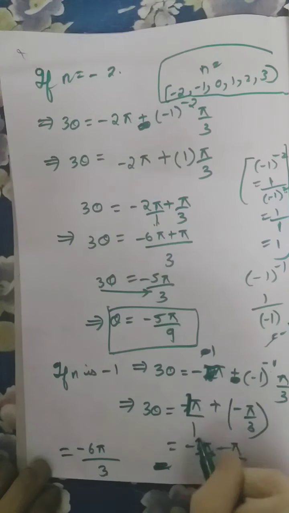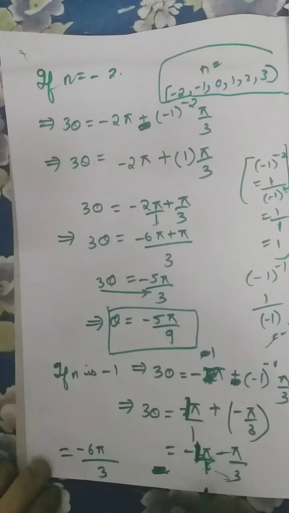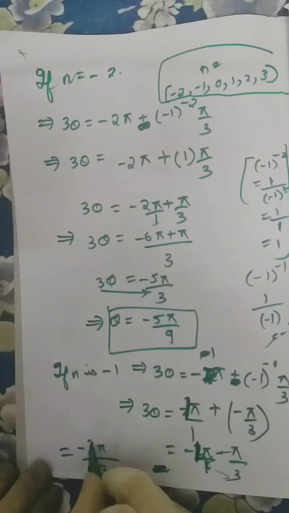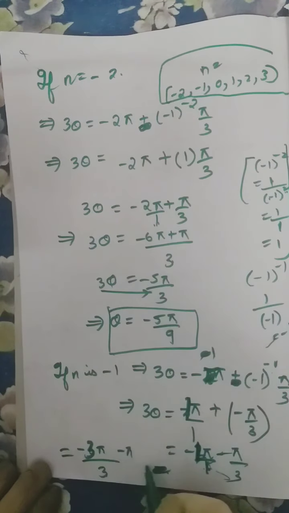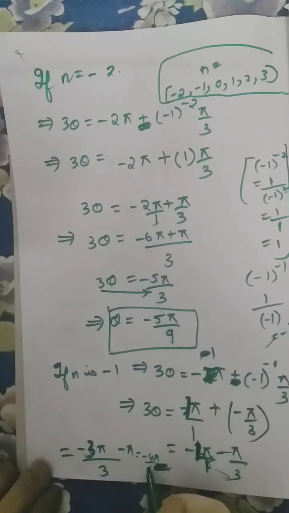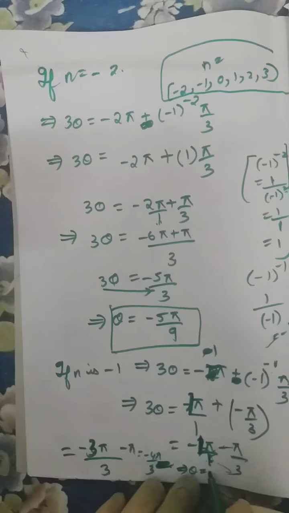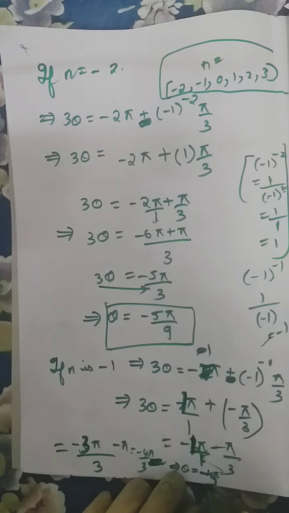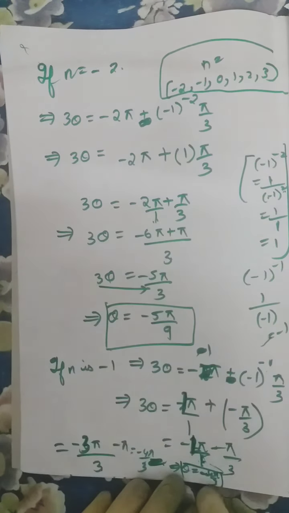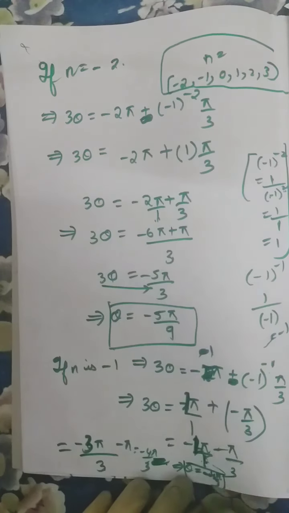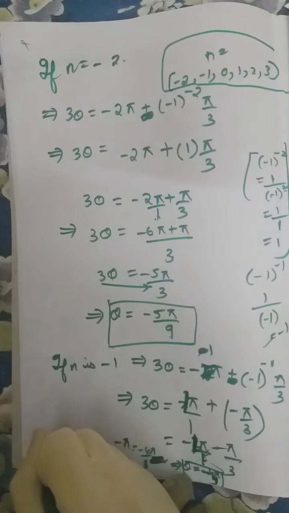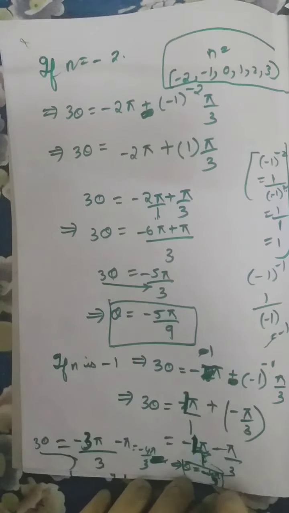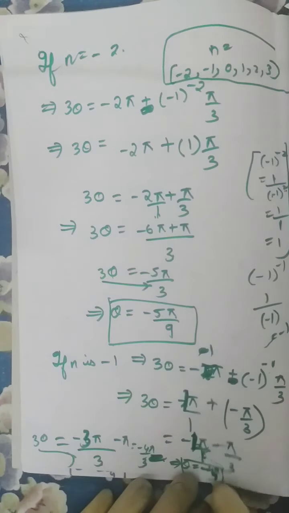So I have LCM of 3 and 1 is 3, 3 divided by 1 is 3, 3 into minus 1 is minus 3. So minus 3 pi minus pi I got, that is nothing but minus 4 pi by 3. Sorry to write it roughly. Remember the values, minus 5 pi by 9, and this is minus 4 pi by 9, because here I have 3 theta, and if I take this side, 3 3s are 9. So I got the value of theta as minus 4 pi by 9.